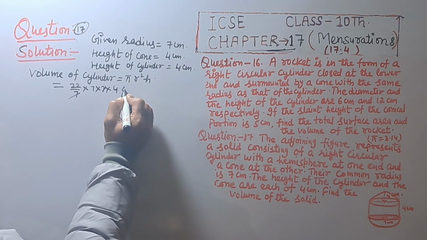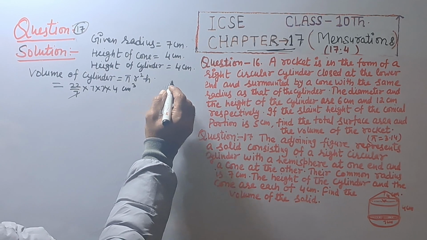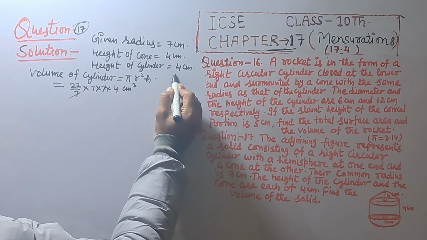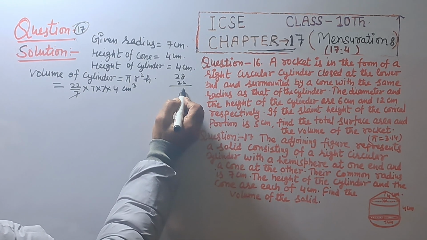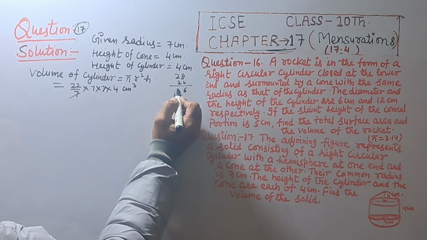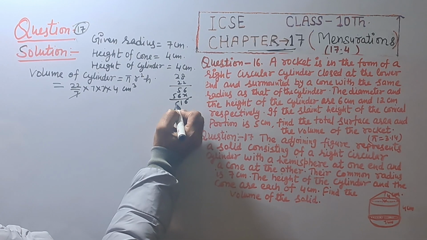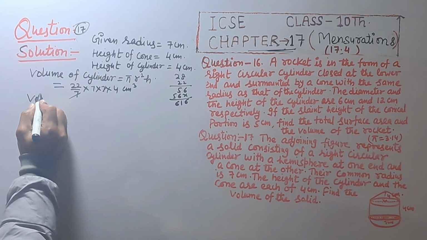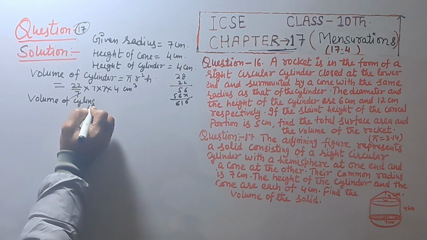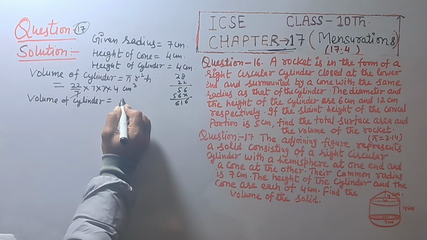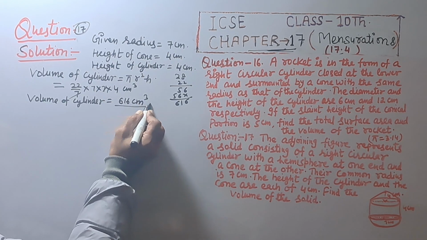This is cancelled. 7 fours are 28 into 22, that is 616. Volume of cylinder is equal to 616 centimeter cube.